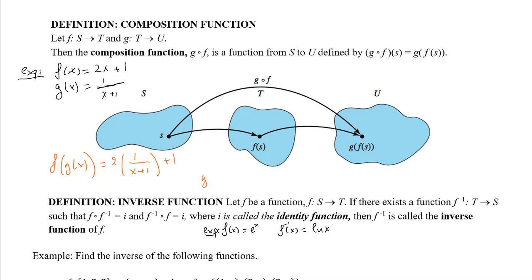But for g of f of x, I start with the g function, which is 1 over x plus 1, but instead of x, I'm going to replace it with 2x plus 1, which I could simplify to 1 over 2x plus 2. So this is composition of functions, f of g and g of f. So as you see, they're not always the same. f of g is not necessarily equal to g of f.